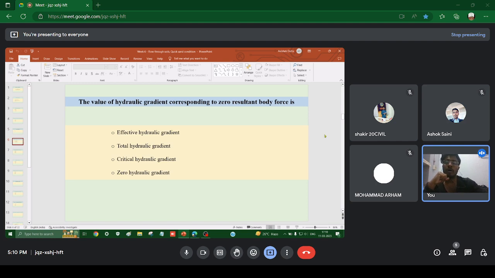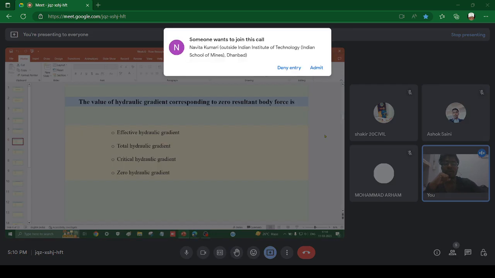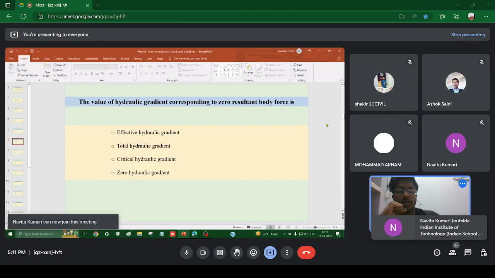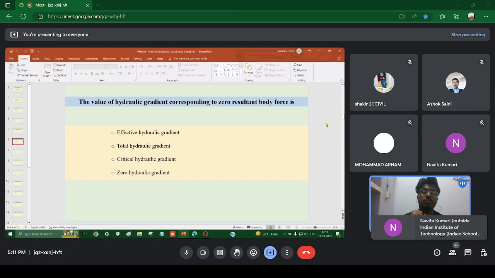The value of hydraulic gradient corresponding to zero resultant body force is.